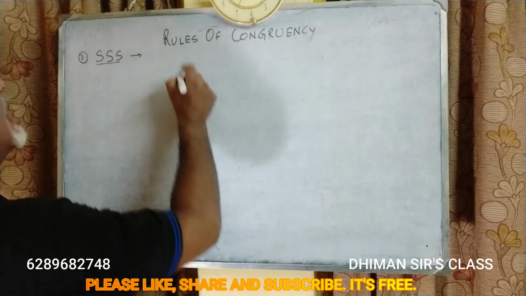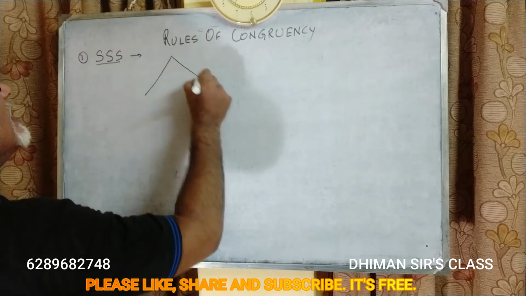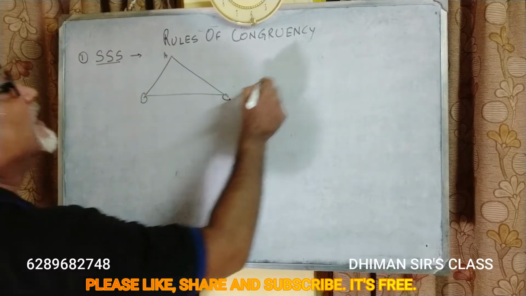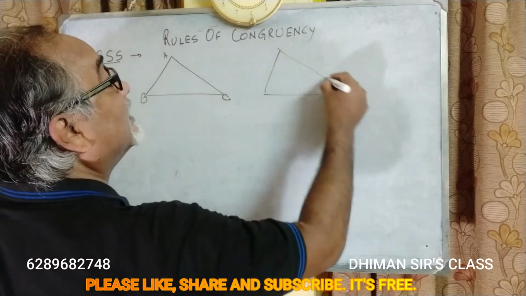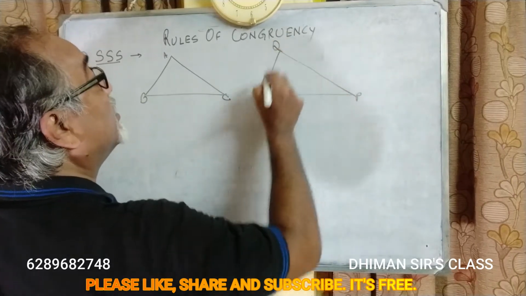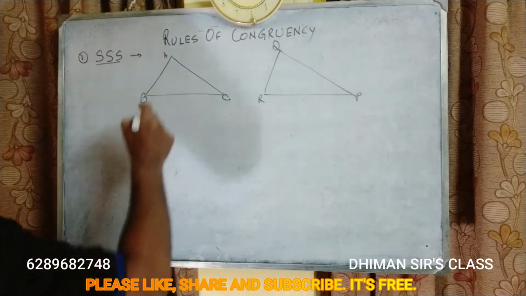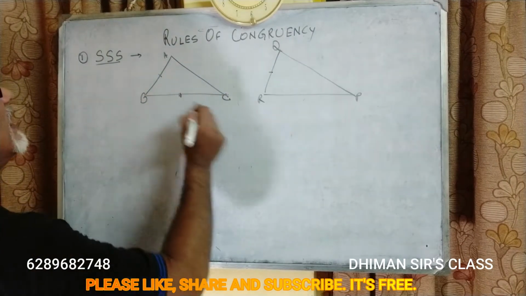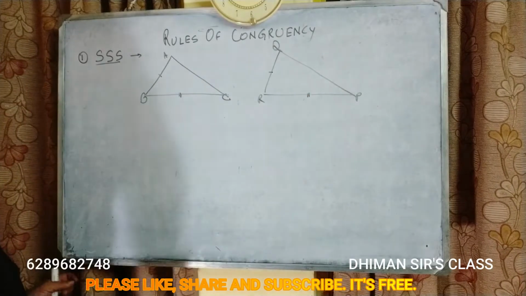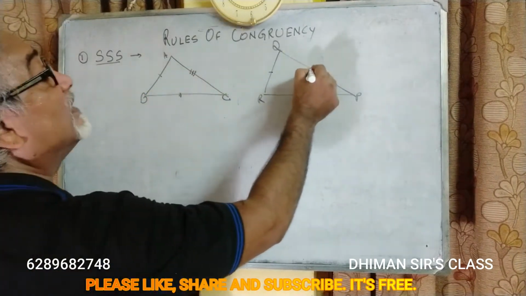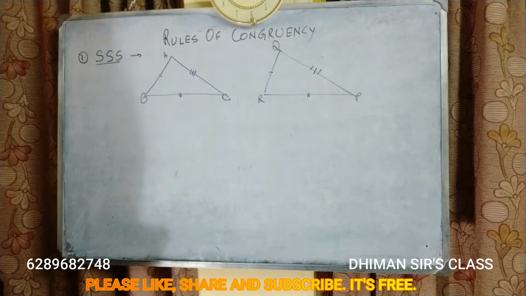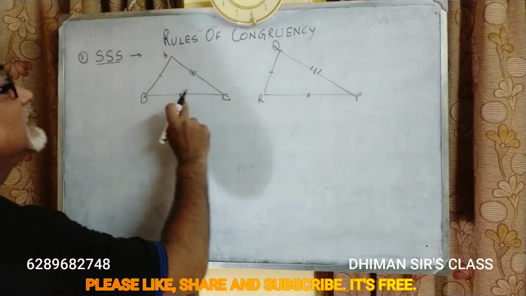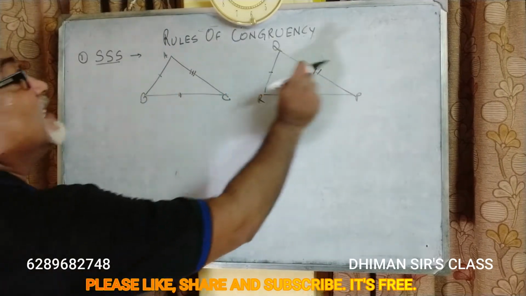In the previous example, what did we see? A, B, C and P, Q, R. Here what we can see? AB is equal to RQ. BC is equal to RP. AC is equal to QP. So this side is equal to this side, this side is equal to this side, and this side is equal to this side.